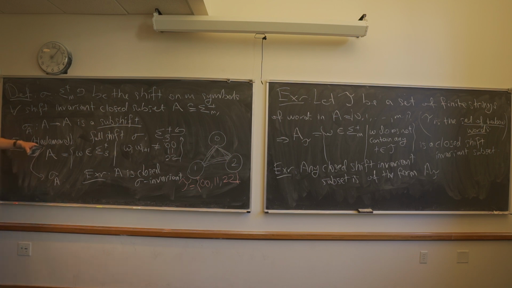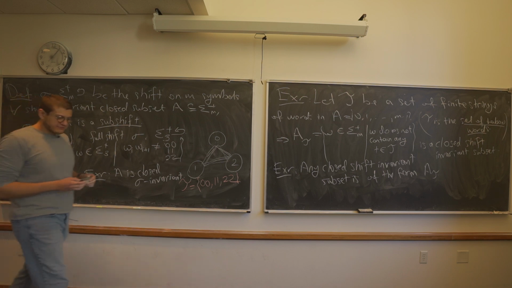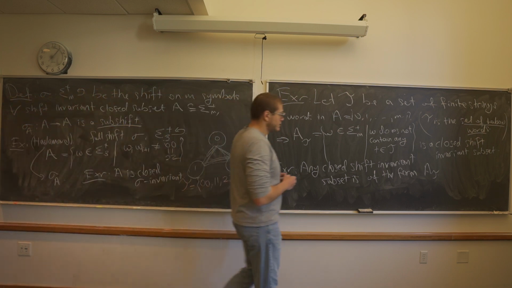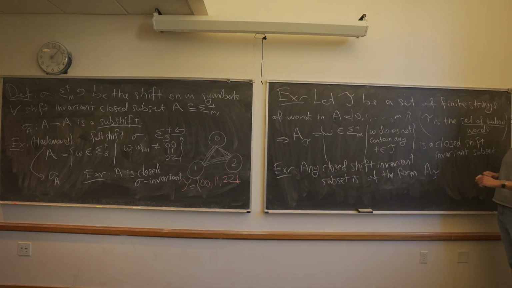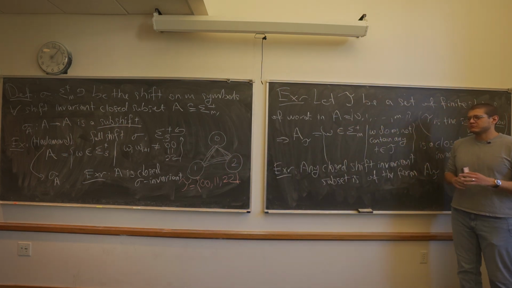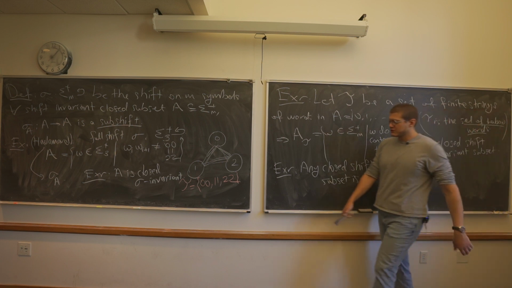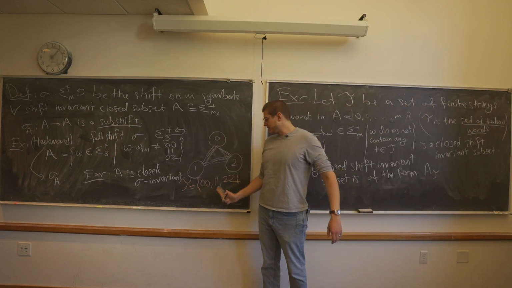Now, a subshift, a restriction like this, is called a subshift of finite type if you can define it by forbidding finitely many words. So for instance, the Hadamard shift is a subshift of finite type.